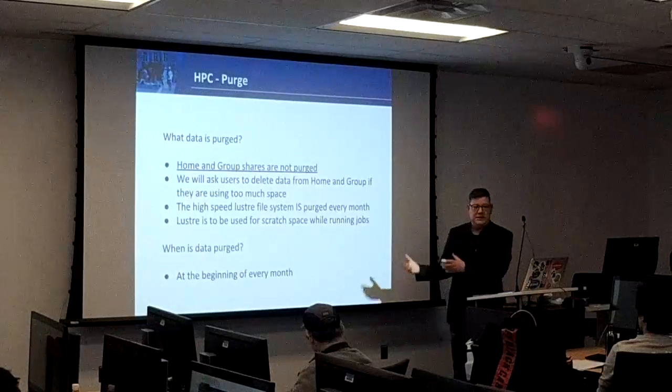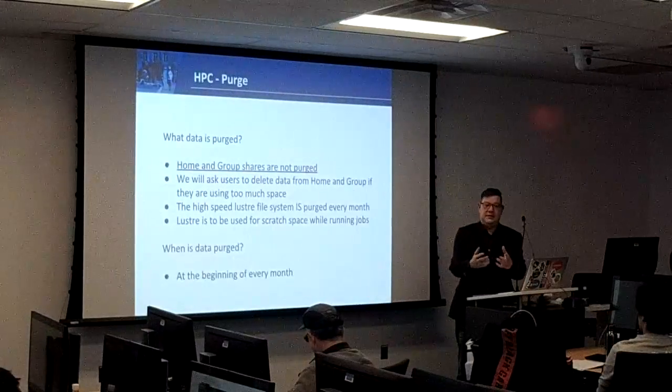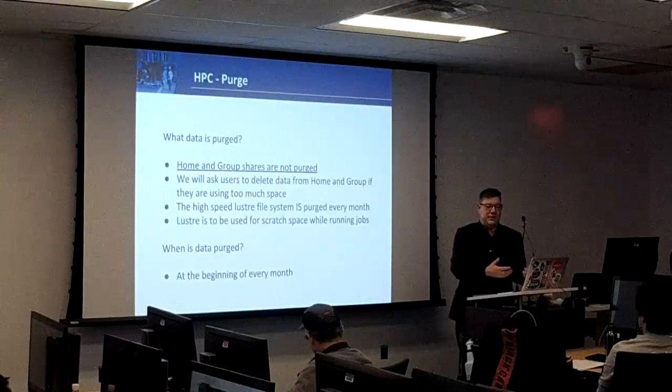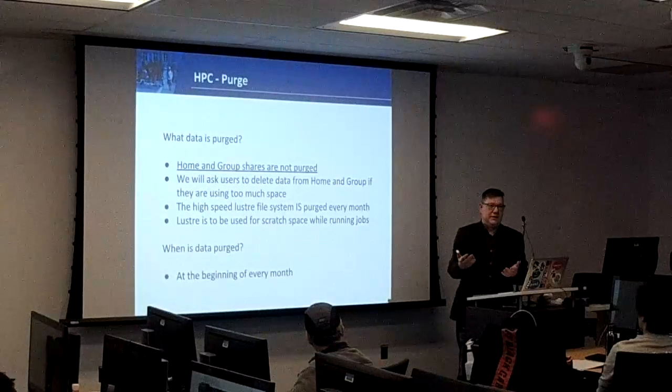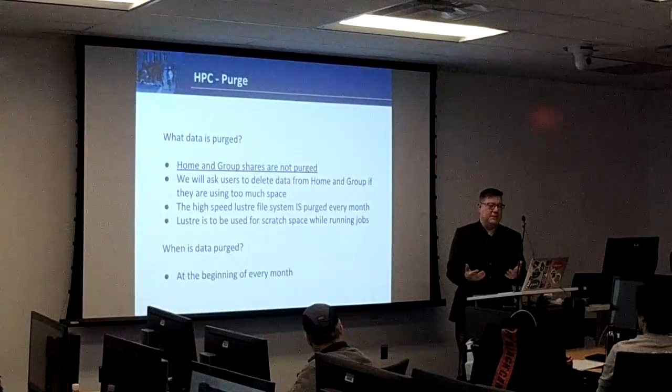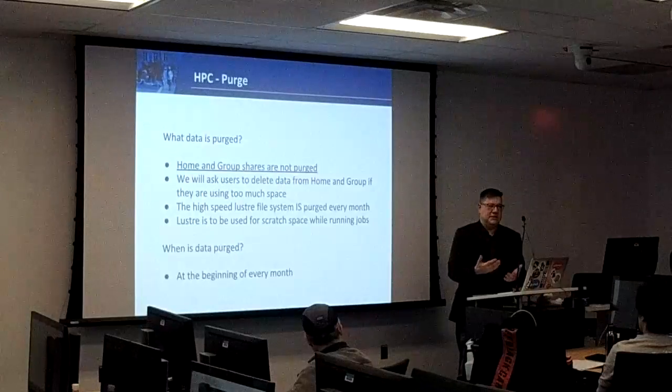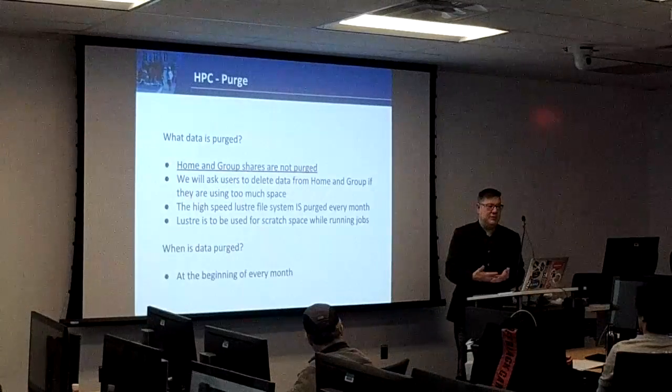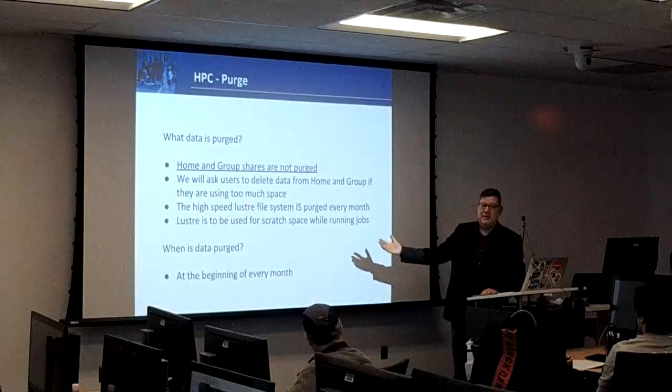Because once Luster fills up, everybody else who's trying to write to Luster can't write to Luster, and their jobs fail as well. And so even though it was one job, that became a 3 or 4 day outage just to clean everything up. Because also, it takes a very long time to just delete 88 terabytes, even on a high-speed file system. So we purge it to keep it up.